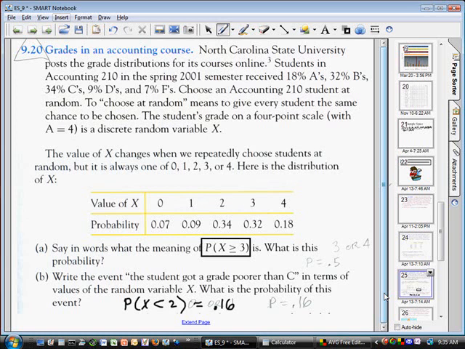Okay, write the event, quotation marks, the student got a grade poorer than C in terms of values of the random variable x. Well, I've written this one down. So I said P, probability, that x is, it said poorer than C, so just less than 2. And what is it?